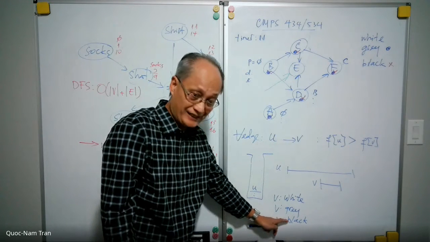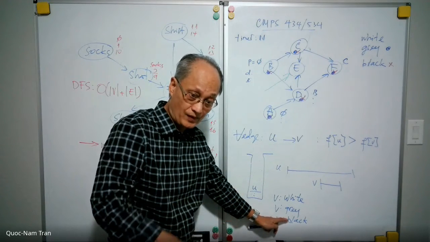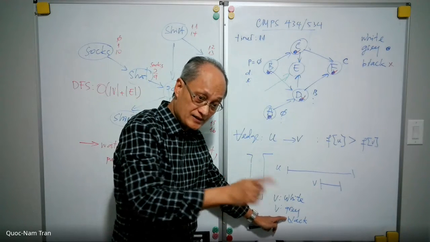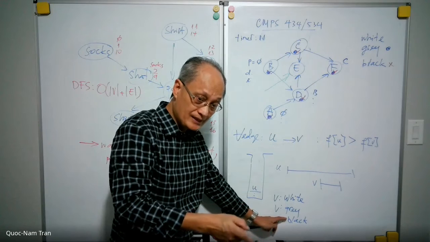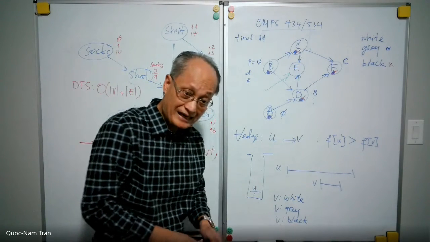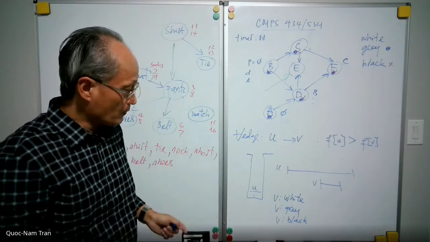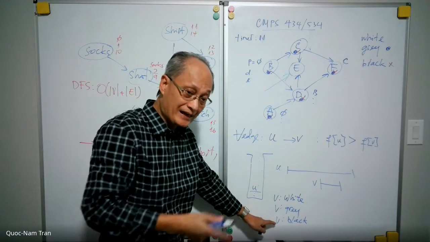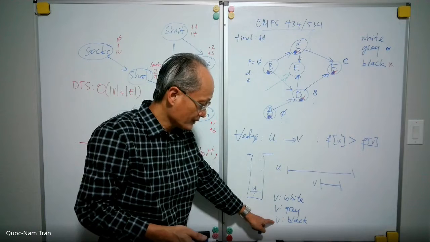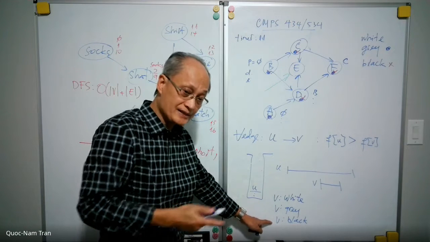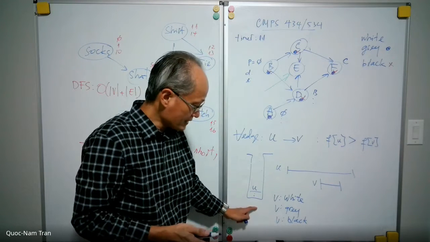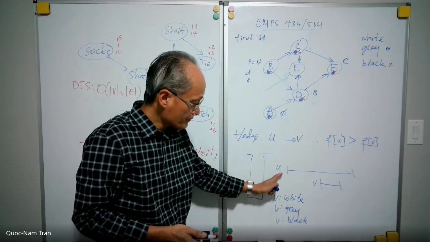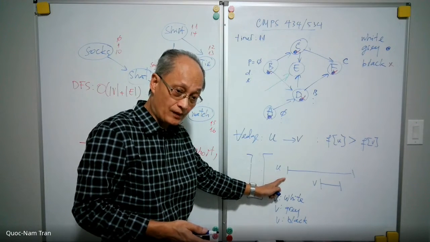If v is black, we don't touch it anymore, so we look for another adjacent vertex, meaning that v has been taken care of, right? If v is already taken care of, we already have its finishing time. So the finishing time of v is even smaller than the discovery time of u.